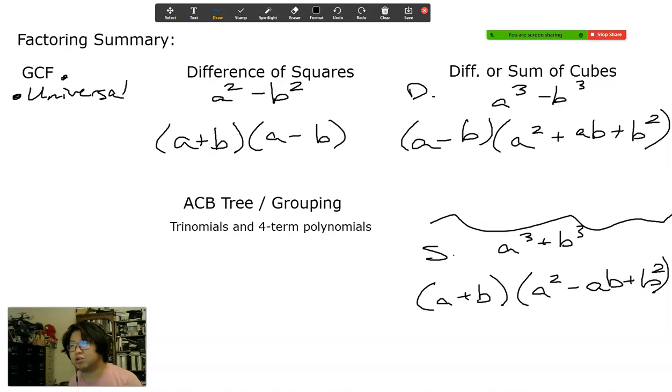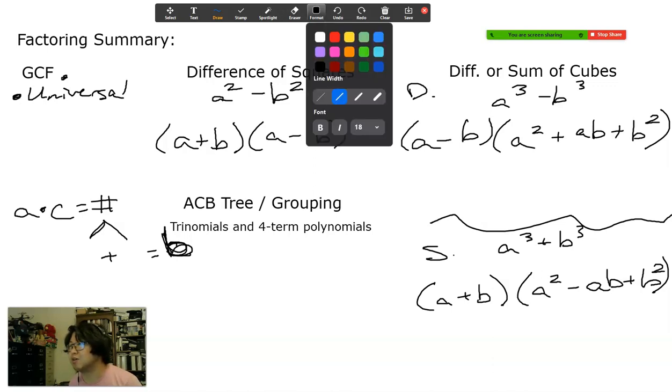Remember, the general is a times c equals some sort of number, and then you want to get the factors that would add up to b, ACB, not ACC. Sorry about that little chicken scrawl, but you want to find two factors of the number.